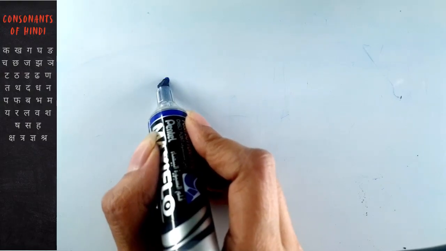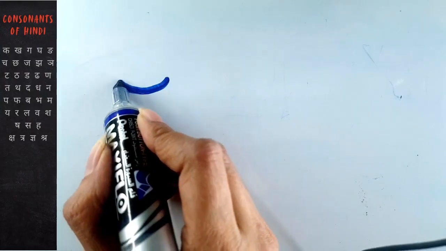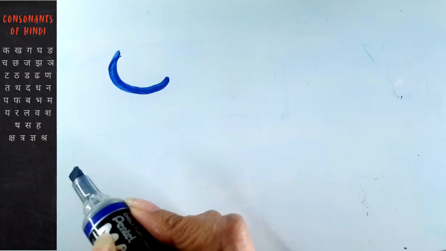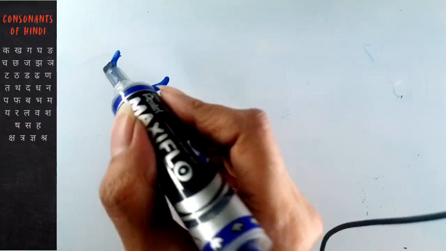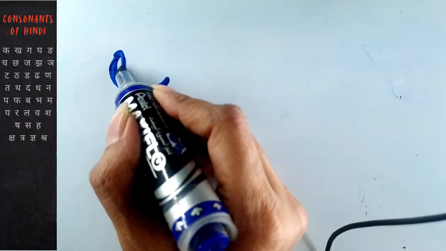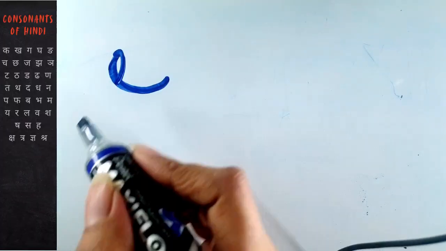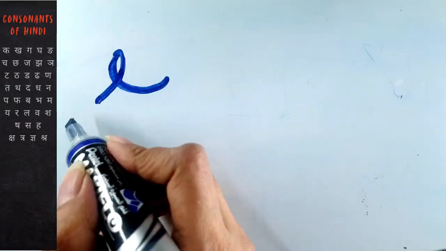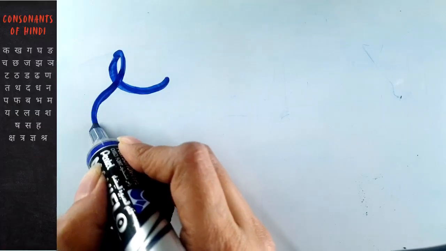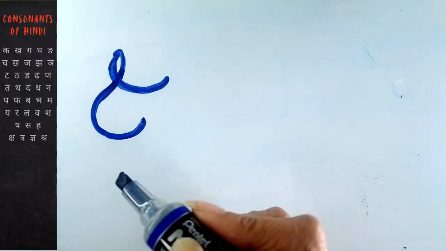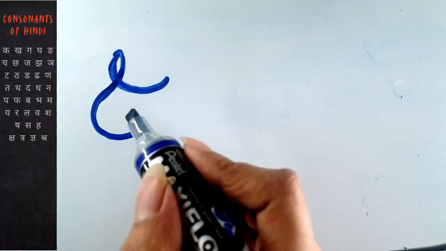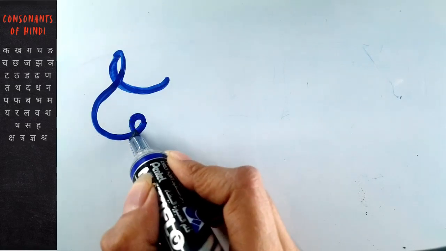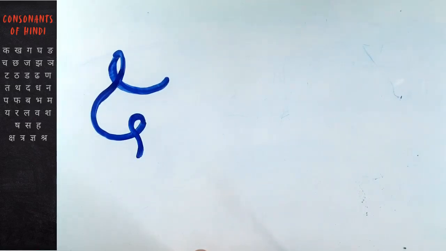Okay, ksha. Start a horizontal curved and you take it up like that. Then you make a loop and you come down. Now, as you come down, you go towards the left. Take a curve and come back here like this. Make another loop and then bring it down.